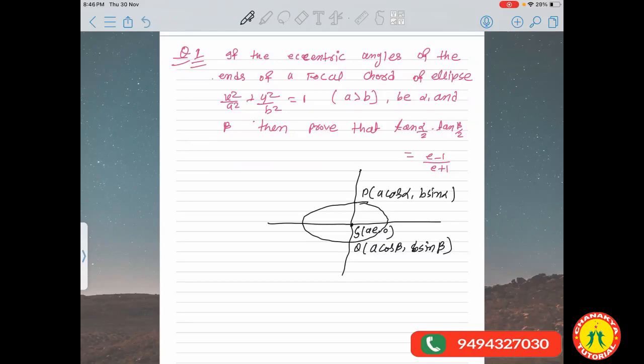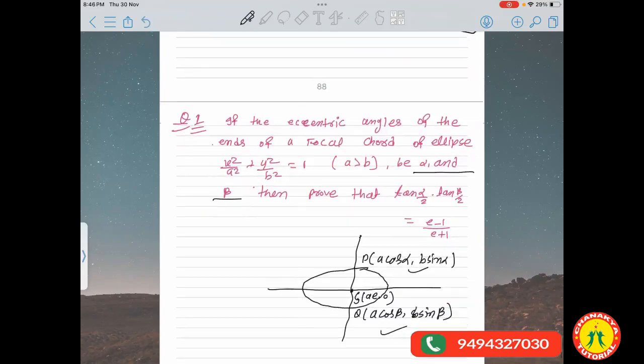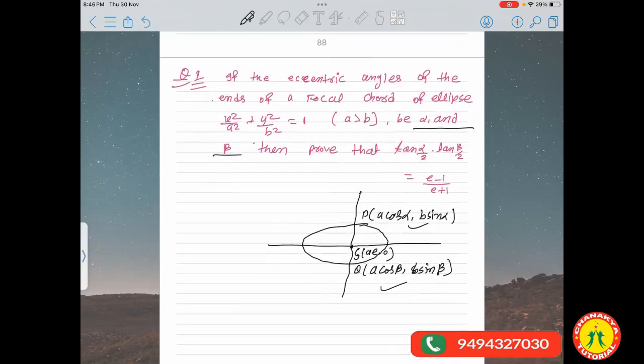So here P is (a cos alpha, b sin alpha) and Q is (a cos beta, b sin beta).